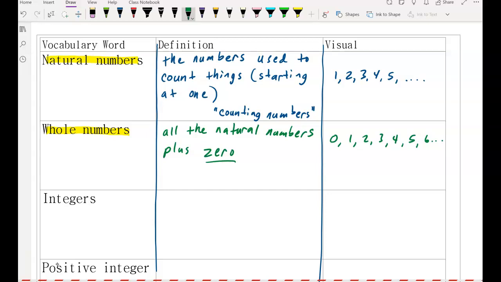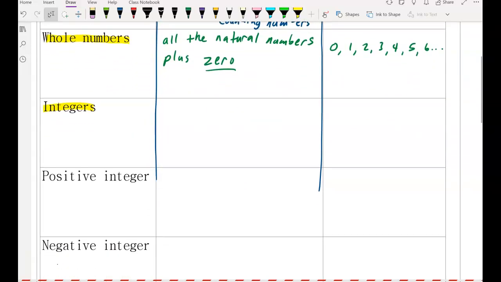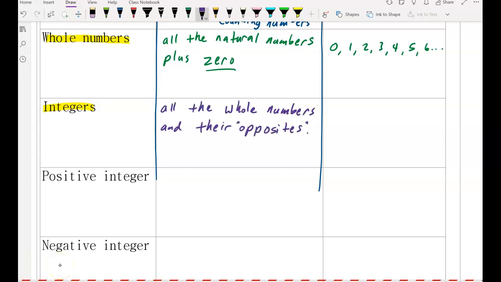Okay, that takes us on then to the integers, the numbers we're going to be learning about so much in this topic. And the integers are all the whole numbers, like we just learned about, and their opposites. So if we were to put 0 somewhere in the middle, then we'd have 0, 1, 2, 3, 4.